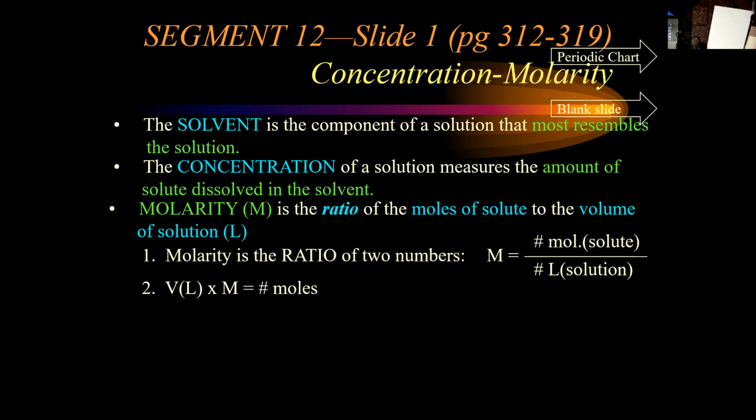I always tell students, wouldn't it be nice if we had this magic scoop and we could just scoop it into anything and it would take out a mole? Wouldn't that be good? If I had NaOH and H2SO4, I need 2 moles of NaOH with 1 mole of H2SO4.